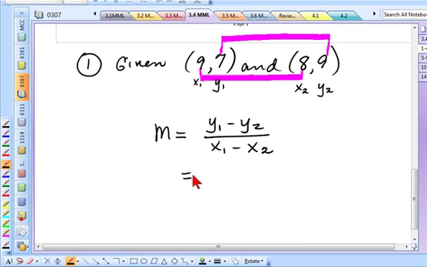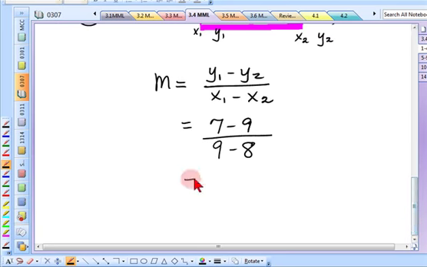Okay, the y's. The way I'm going to write it is simply 7 minus 9 over, x is on bottom, 9 minus 8. If you were looking at this in my MathLab, they would have had these two exchanged, and you would have done 9 minus 7 over 8 minus 9. And I always just think it feels weird to be going backwards, so I don't, because it doesn't matter.